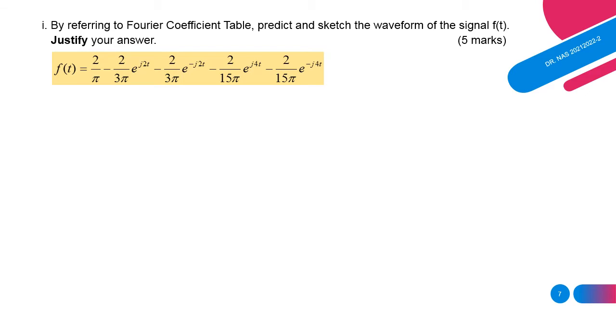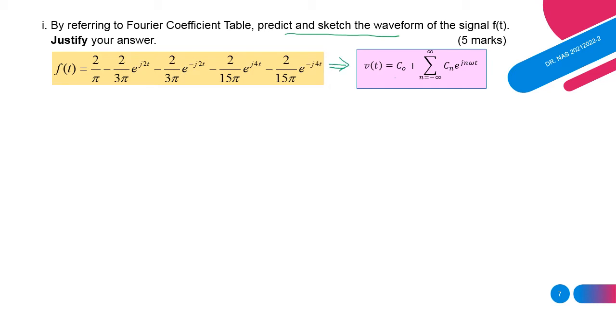Okay, let's look at how to solve the first question by referring to the Fourier coefficients table. You need to predict and sketch the waveform. Let's look at the table, and don't forget to compare the given equation with the general equation of complex exponential form.